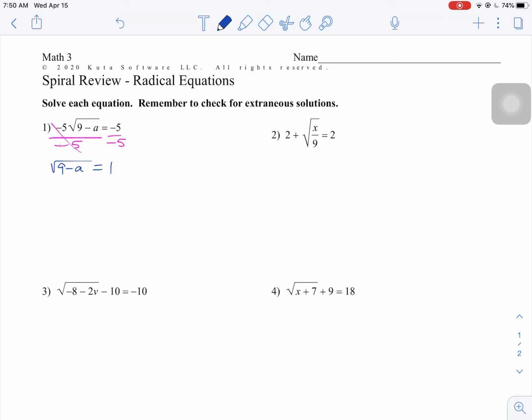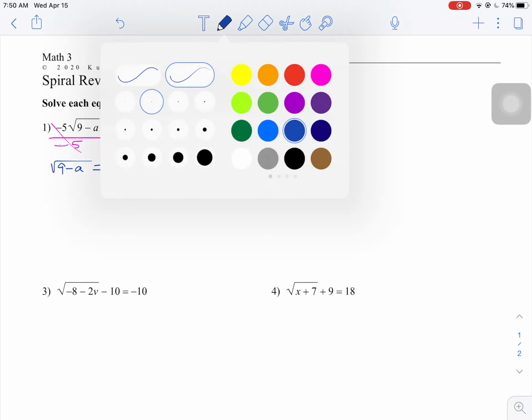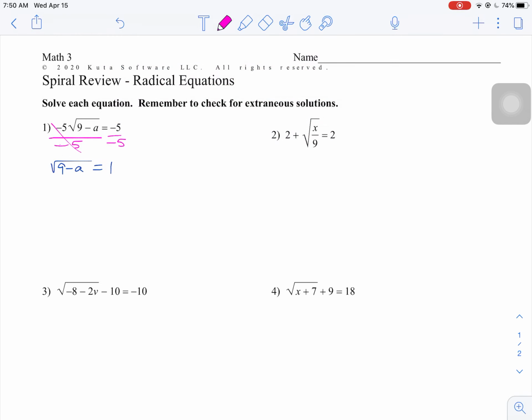Now that the radical is all by itself, to undo a square root, you have to raise it up to the second power. You have to square it. Whatever you do to one side of the equation, you have to do to the other side. Now keep in mind the index. If I go off to the side here, like the 3, that's the index. If you have a third root, you raise it up to the third power to cancel out.